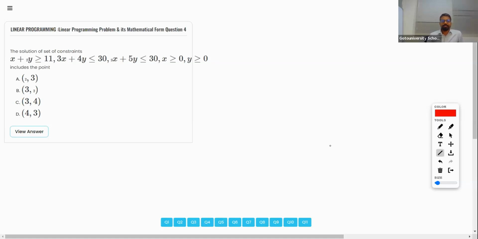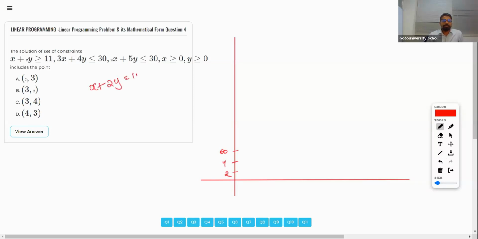So we have to first draw the lines. Let's see the points first. The first line is x plus 2y is equal to 11. When x is equal to 0, y is equal to 5.5. When y is equal to 0, x is equal to 11.